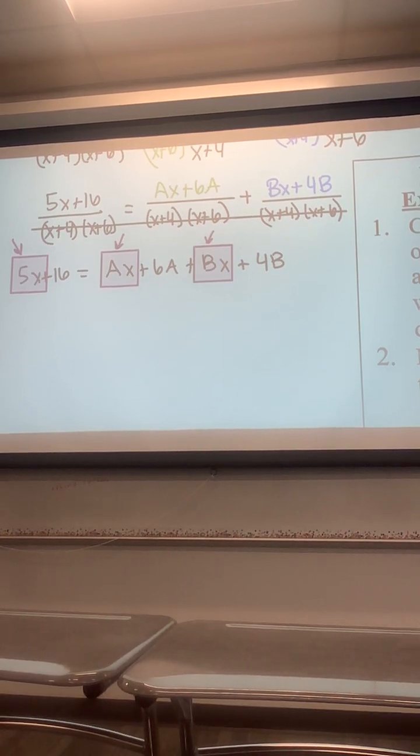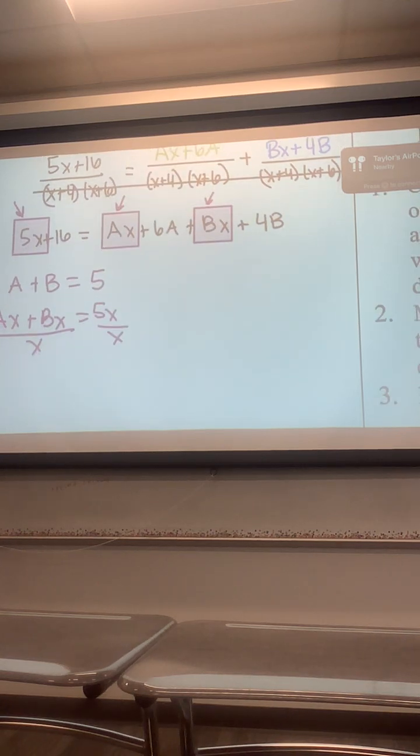But whatever they are, A plus B has to equal 5. You can also think about it like ax plus bx equals 5x, but then I can just divide everything by x, and what happens? We just get a plus b equals 5. That's why I don't really worry about it, but if it helps you clarify what's going on, that's what's going on.